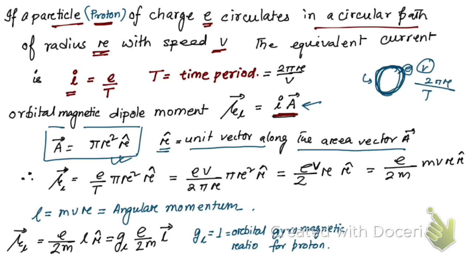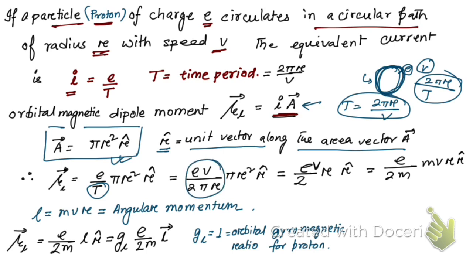Distance by time is the speed, so we can write T = 2 pi r by v, and so T is replaced by 2 pi r by v, and we get this result. Hope you have understood this.